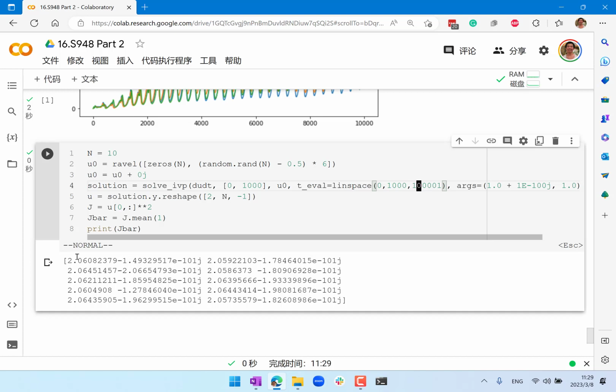And now we see that the real part has converged a bit more, right? Previously it was 2.0 something, now it's almost always around 2.06. But the imaginary part is still all over the place, pretty much. The 1.4, 2.0, maybe it's a little bit better, but not that much better. So let's increase it even more, to 10,000.